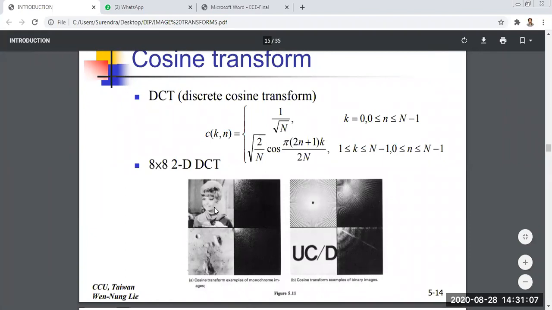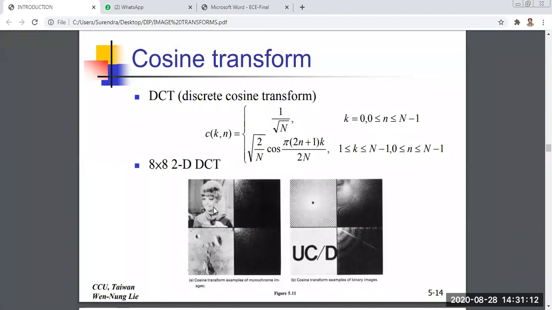If you apply the discrete cosine transform on the monochrome image of a woman, the image will be modified in different versions: A, B, and C. B is phase, C is magnitude, and D is the combination. Here also, if you apply the discrete cosine transform on the binary image, the images will be like this.